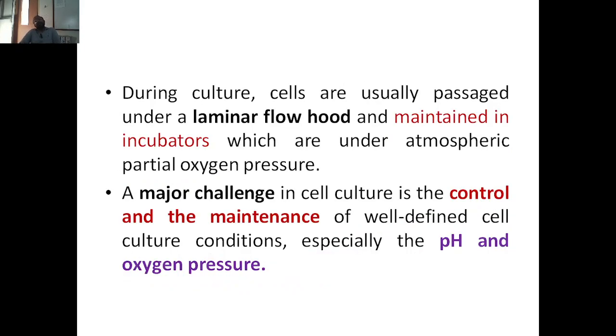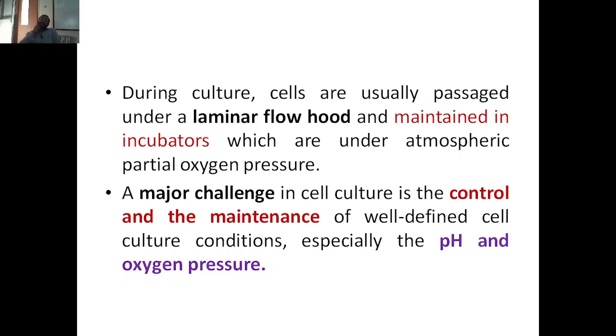During the culture, the cells are usually passaged under the laminar flow hood and maintained in incubators under atmospheric partial oxygen pressure. In order to maintain hygiene, and to make sure there is no infection by any bacteria, microbes, or contaminations, we can use the laminar flow hood.